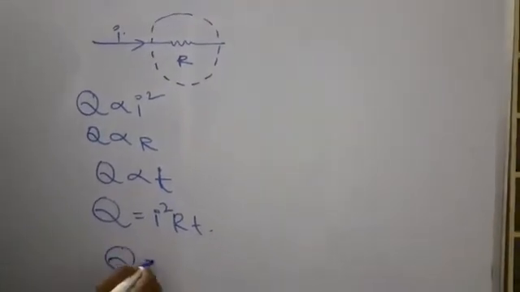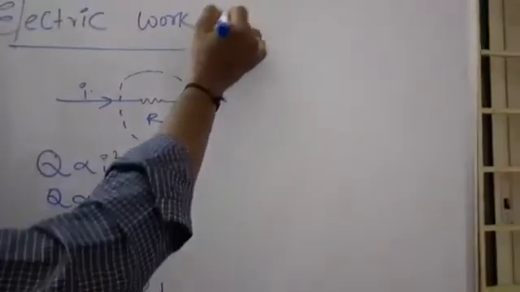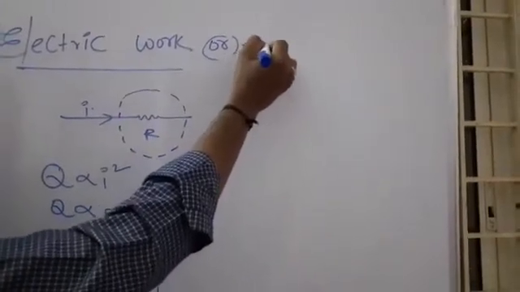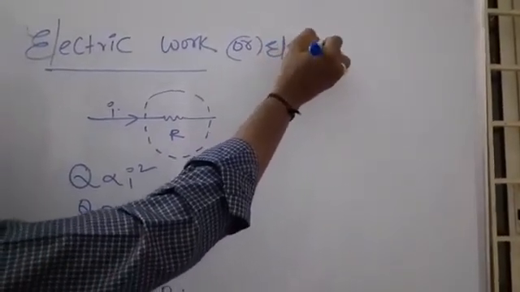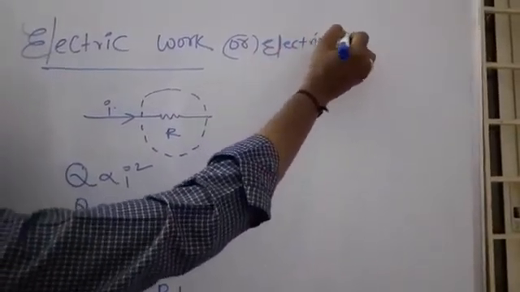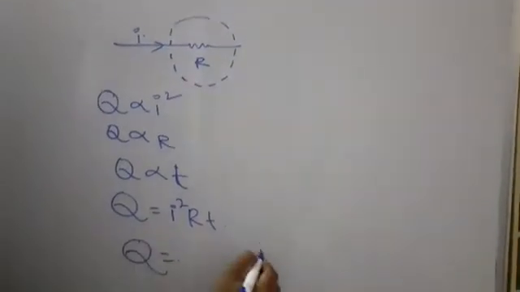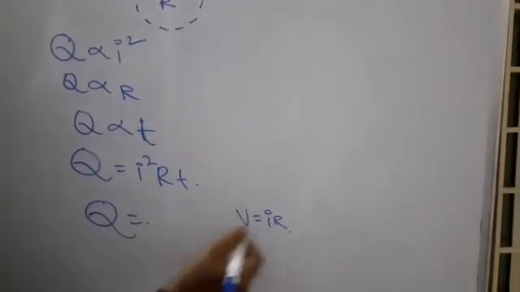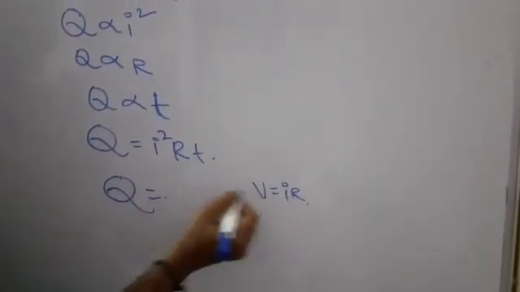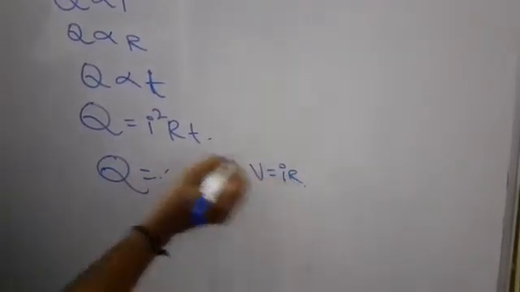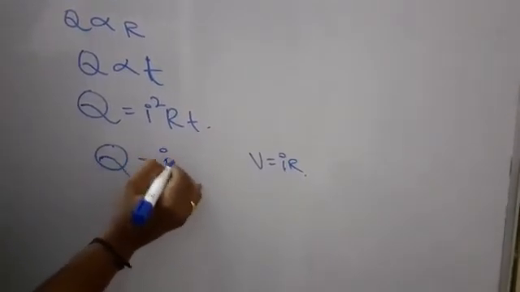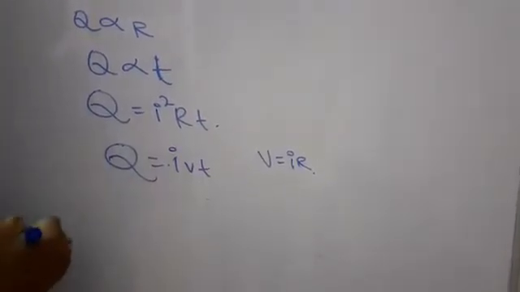Electrical energy formulas. V is equal to IR. From this, in place of IR we can substitute V, so Q is equal to I into V into t.